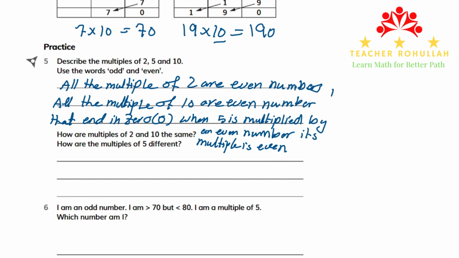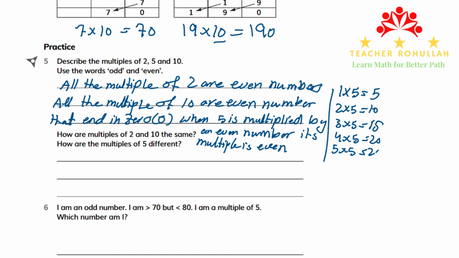Let me explain here. If we multiply 5 by 1, 1 times 5 is 5, so it's odd. 2 times 5 is 10. 3 times 5 is 15. Let me give two more examples: 4 times 5 is 20 and 5 times 5 is 25. When 5 is multiplied by an odd number, its multiple is also odd.